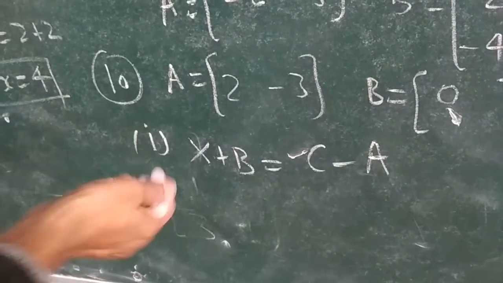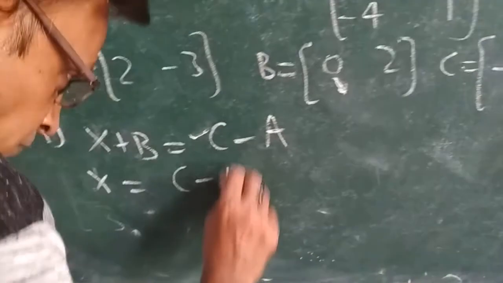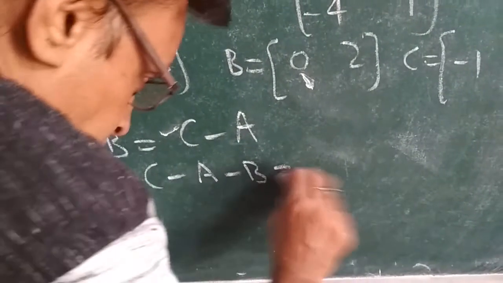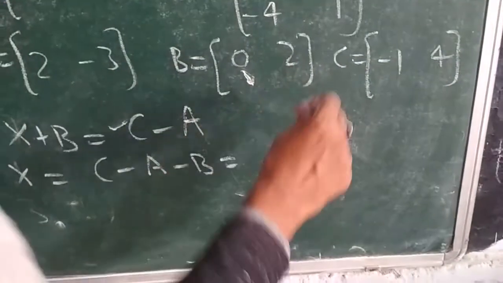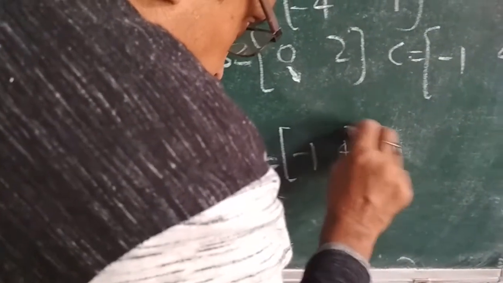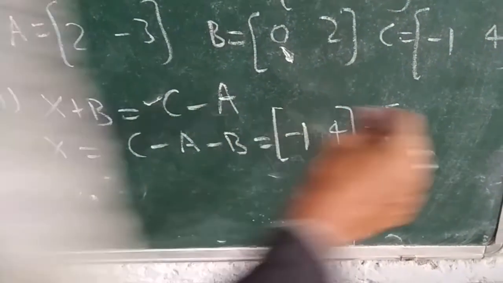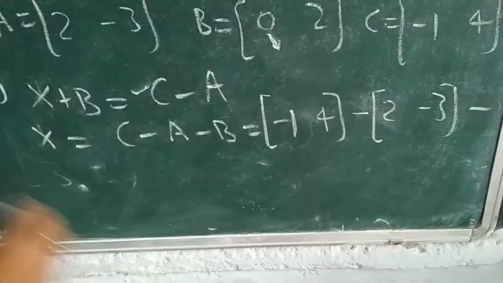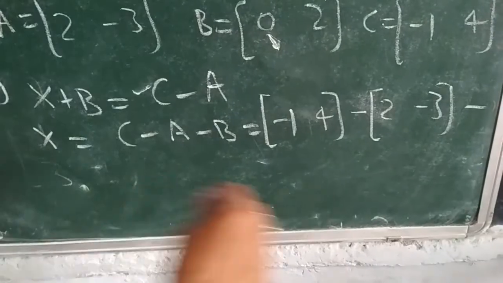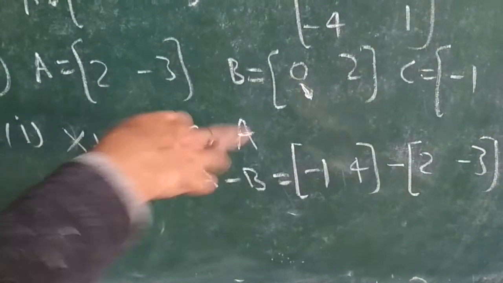You have to find only X. So X equals C minus A minus B, or you could write C, minus 1, 4, minus A is what? 2 comma 2, minus 3, minus sign, then C. C has come, minus A minus B, B will come.